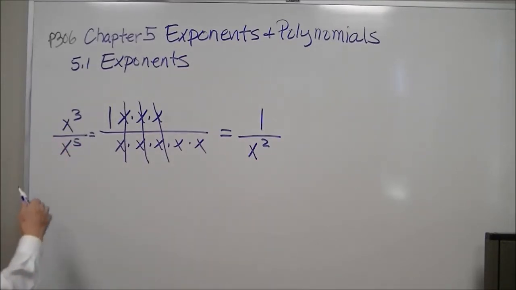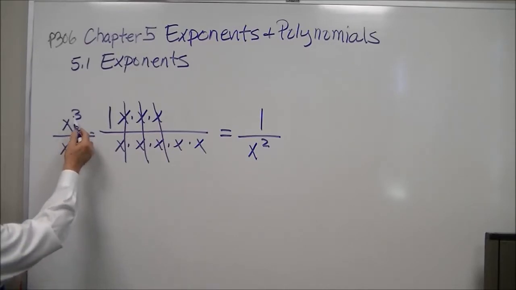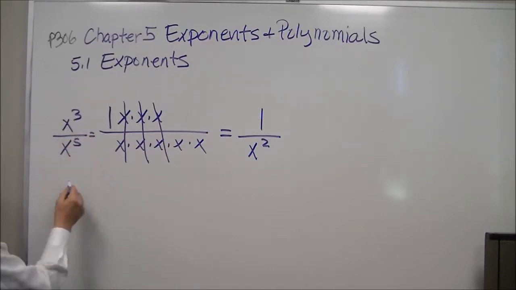Now, how would we get that here? Well, notice that when we multiplied variables with exponents, we added them. So when we're dividing, we're going to subtract, the opposite of adding. Now, often we want to subtract the smaller number from the larger number.